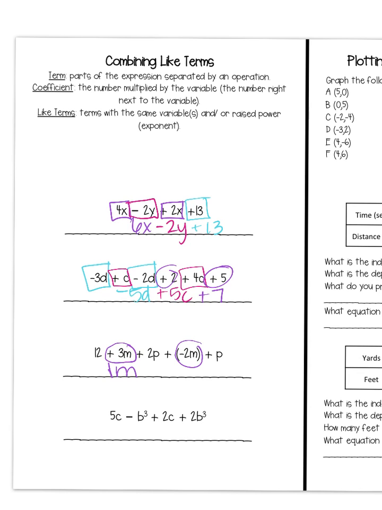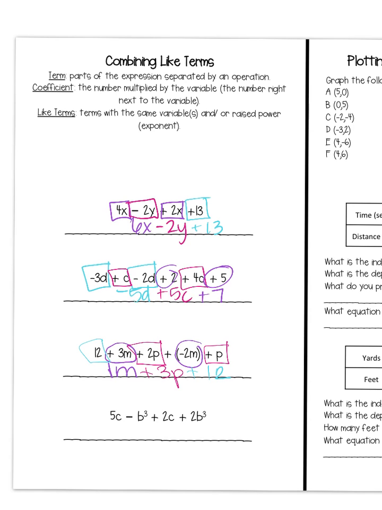I don't care. It's whatever you prefer. Positive 2p, positive p. See right here, I know that's 1p even though it doesn't have a 1. 2p plus 1p is 3p. And then I have this leftover guy over here. Is he positive or negative? Plus 12.